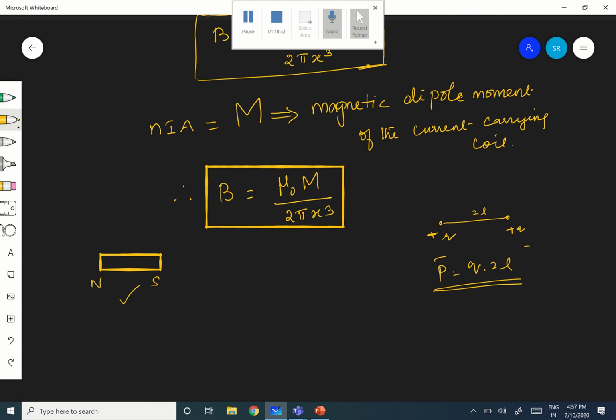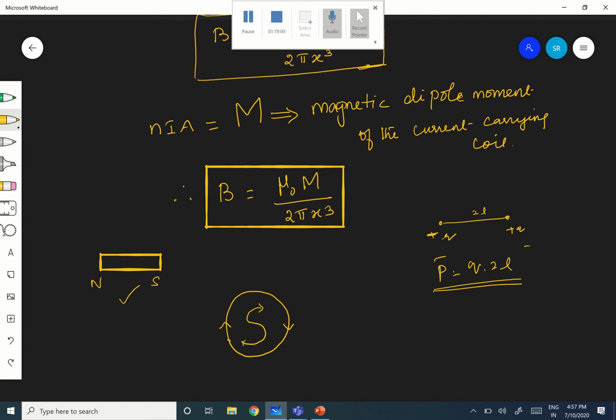Are you following? Therefore, the current carrying coil is acting as a magnet. For example, if the current is in the clockwise direction, then this face acts as a south pole. Are you following?